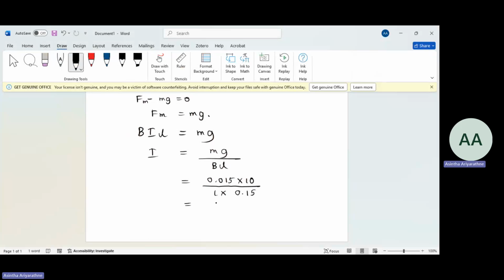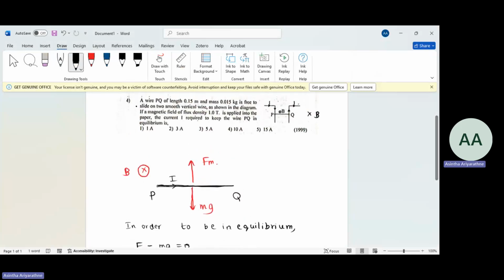So we get 1 ampere. Yes, 1 ampere is the answer. Required current is 1 ampere.